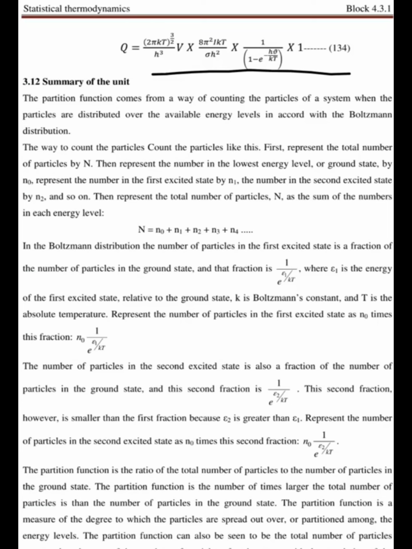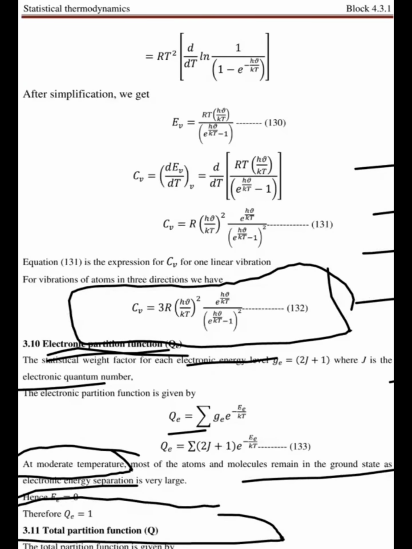So that is known as the partition function. How to calculate the total partition function? It is nothing but Q is equal to the translational partition function, into the rotational partition function, into the vibrational partition function, and into the electronic partition function.